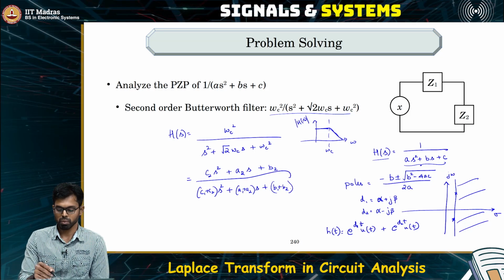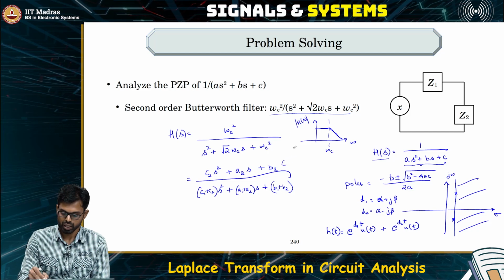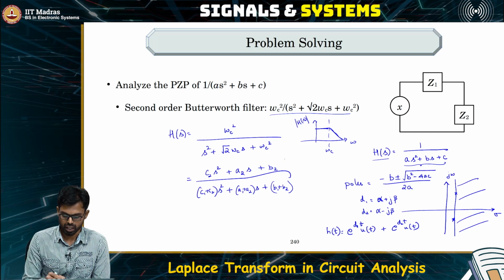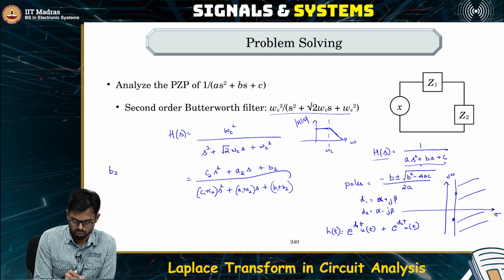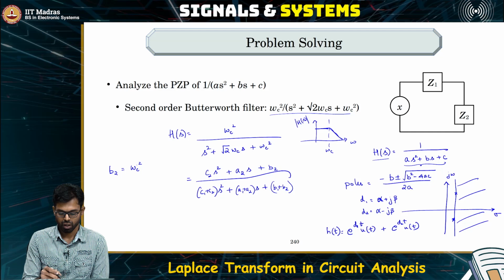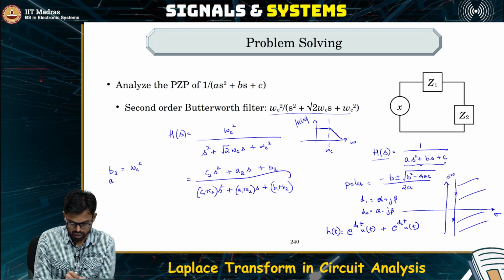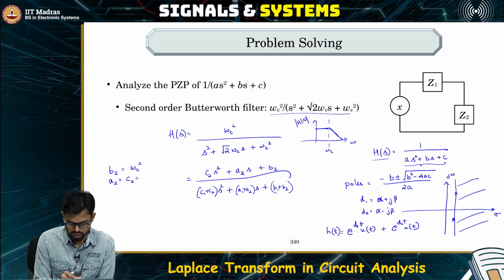So just compare the numerator here and here. Clearly the numerator says that B2 is equal to omega c square, and also we can get that A2 equals C2 equals 0.